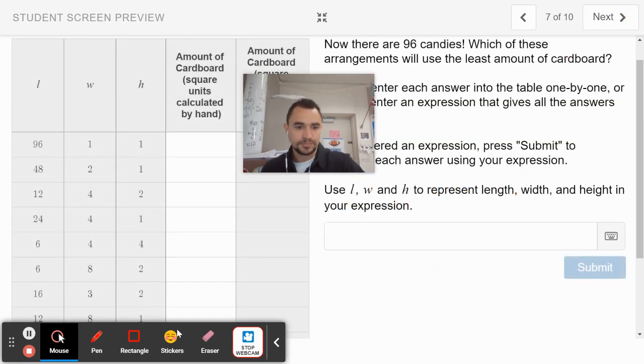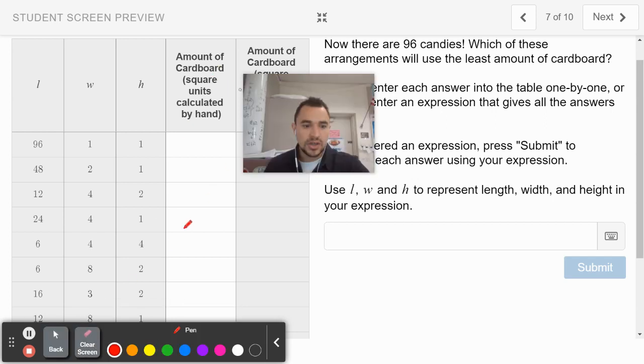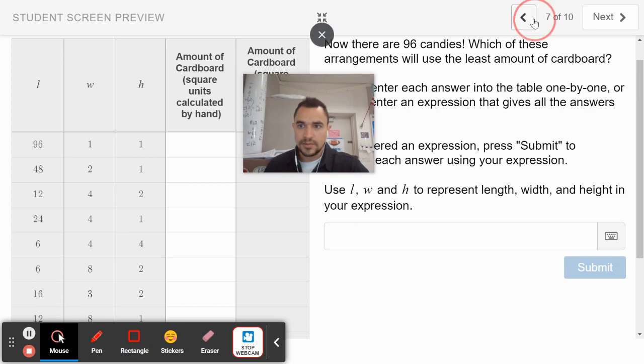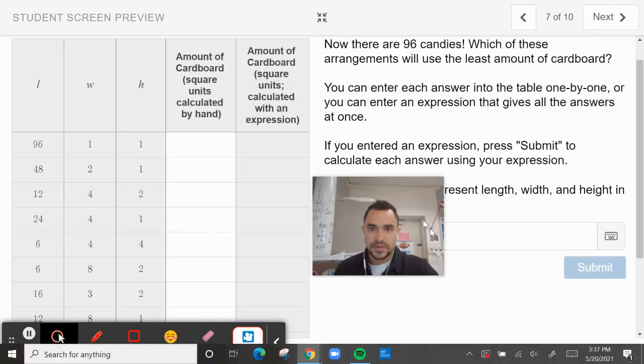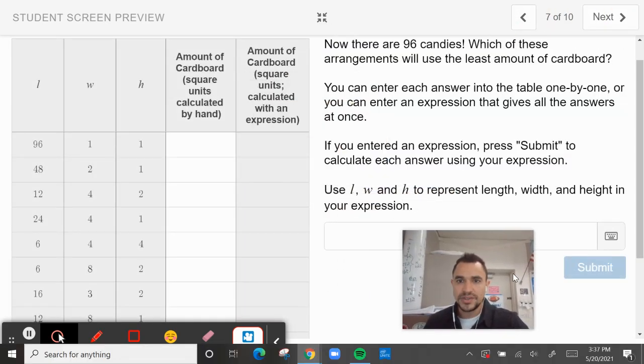Going on to the next one. Clear the screen. All right, now there are 96 candies. Which of these arrangements will use the least amount of cardboard? The amount of cardboard is in square units, calculated by hand or with an expression.